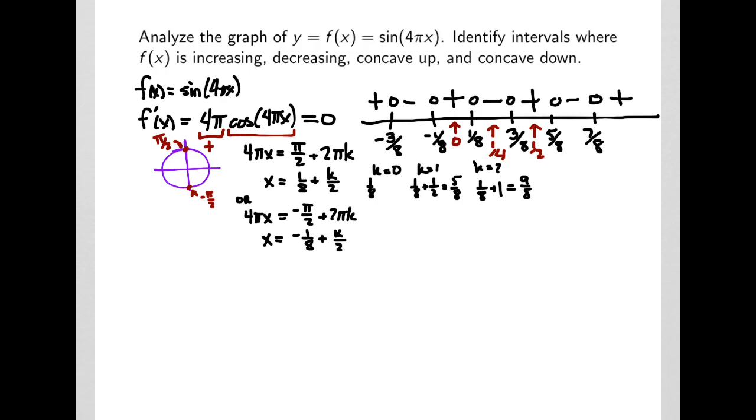So we'll say my function f is increasing on each of these intervals, and let's figure out how we can describe the intervals where I'm positive. So let's see, I get 0 minus an eighth to 0 plus an eighth, then a half minus an eighth to a half plus an eighth.